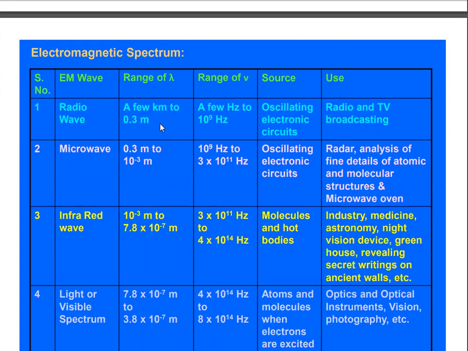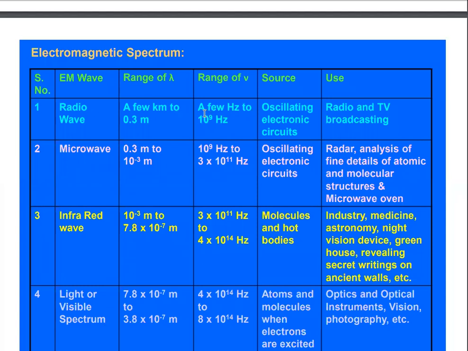This means that a radio wave is a component of the electromagnetic spectrum having longest wavelengths and shortest frequency. So here, as wavelength increases, frequency will decrease.